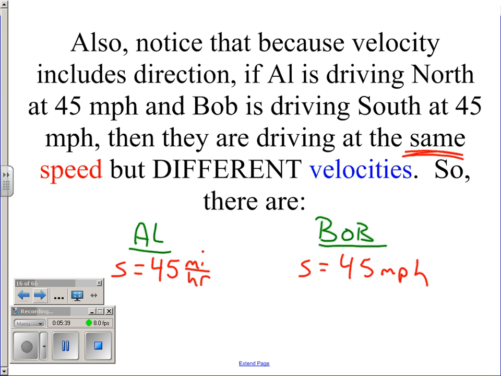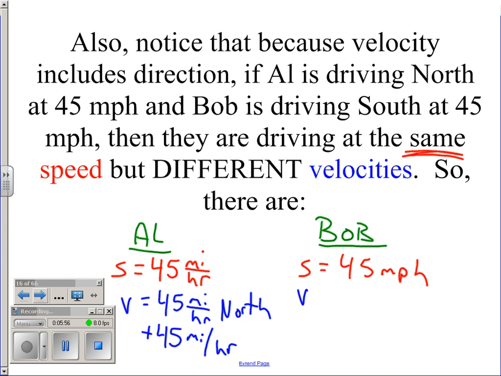If you said to Al, hey Al, what's your velocity? He would tell you, oh, my velocity is 45 miles an hour north, or simply positive 45 miles per hour. Whereas if you asked Bob that same question, he would tell you, my velocity is 45 miles per hour south.